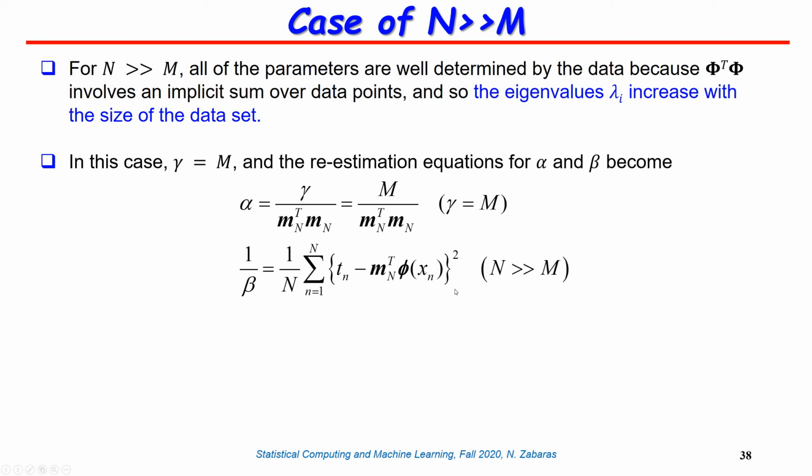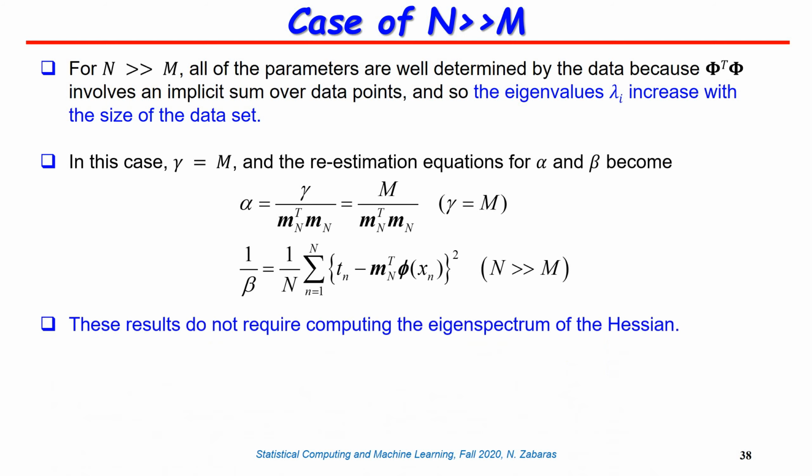And you notice in this particular case, you don't need to compute the eigenvalues lambda i of phi transpose phi in your re-estimation equations. Alpha and beta are readily available by the two equations that you see on this slide.